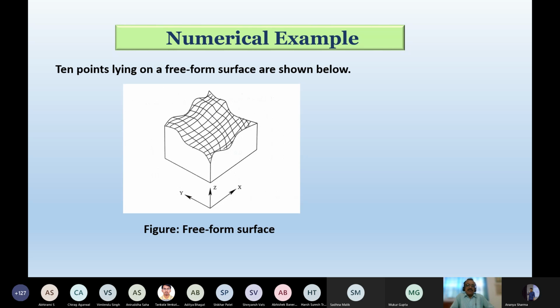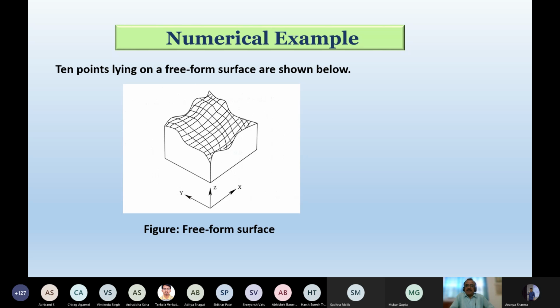If you want to generate an accurate free-form surface, you'll have to do this machining cluster-wise. So this free-form surface has to be divided into a large number of clusters, and depending on the clusters made, I'll have to use the machining parameters so that I can do this machining very accurately.